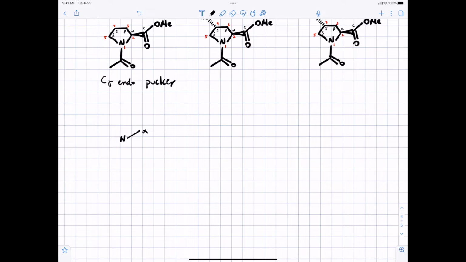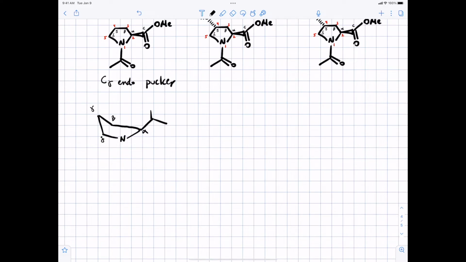Here is the delta carbon, and the gamma carbon is going to be up, and this is the endo shape, and then the beta carbon will be here, and then there's a bond to the alpha carbon there.